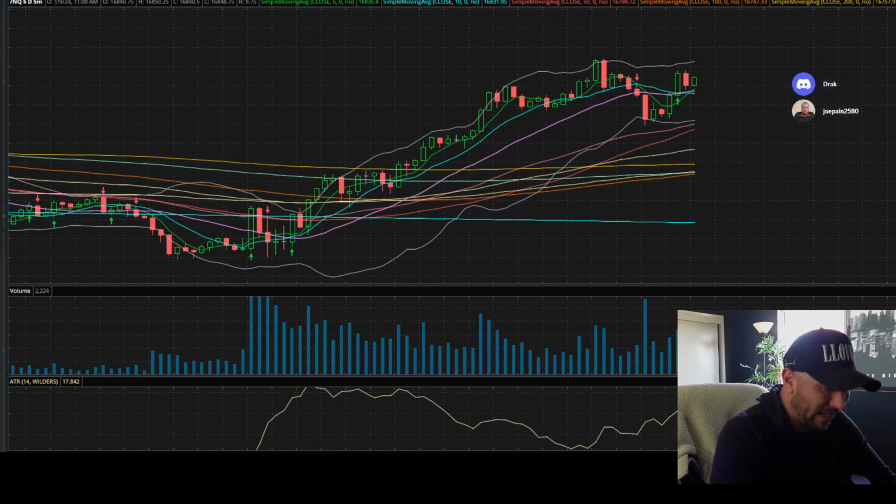predominantly be thinking long. Now, the problem that tends to happen in these monster moves with very little to no pullbacks is a lot of traders will try to assume where the market's going to pull back. They try to guess where the market's going to pull back. They don't want to believe that the market can continue to go higher.